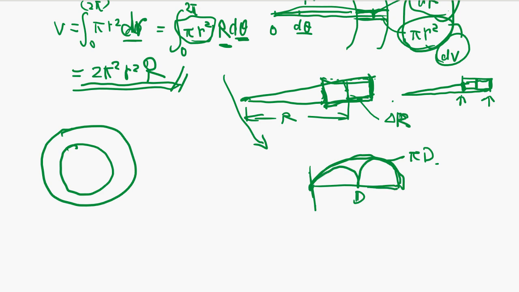So this is going to be half d. The semicircle is going to be half d pi. This is half d pi. So this length and this length is the same as this, okay?